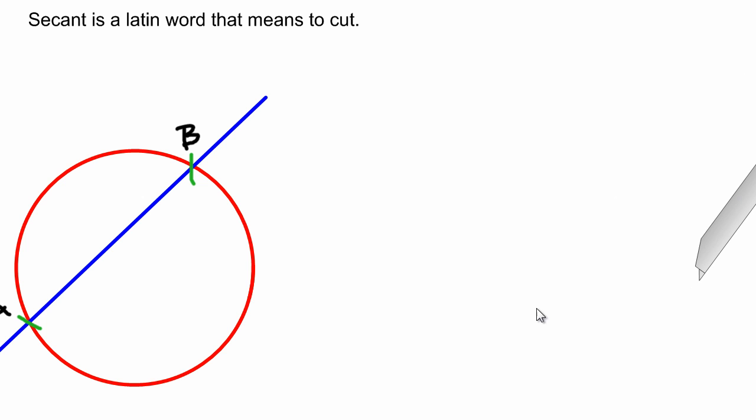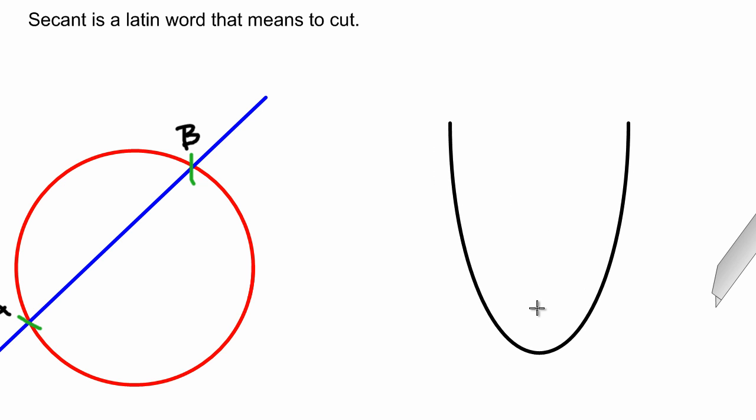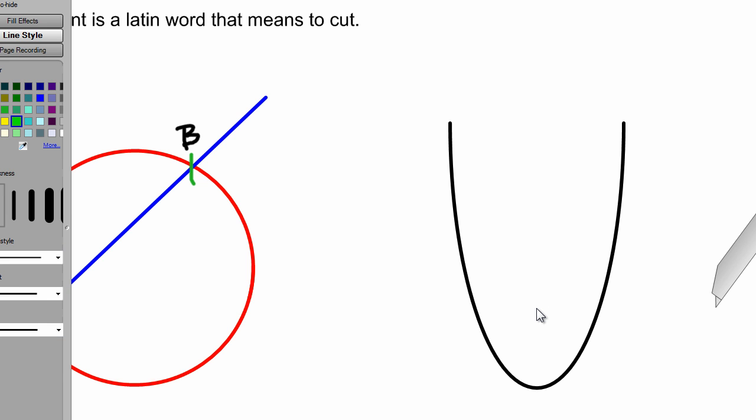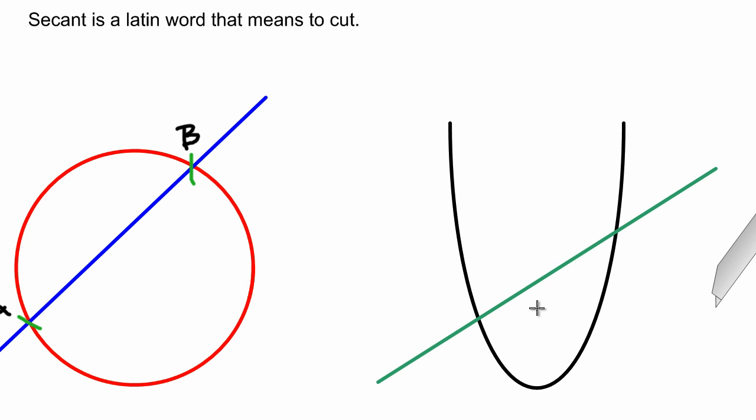Another example of a secant. Let's say I had a curve looking like this. Let me change the color to green, and let's say I had a line cutting my curve twice like that.